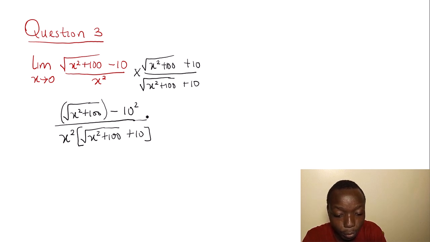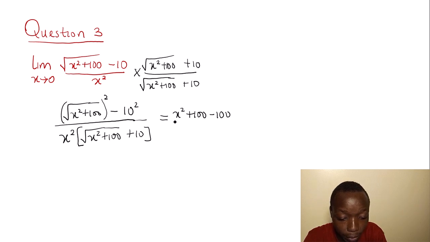Simplifying this, there's a square here. So you're going to have x squared plus 100 minus 100 over x squared in bracket square root of x squared plus 100 then plus 10.